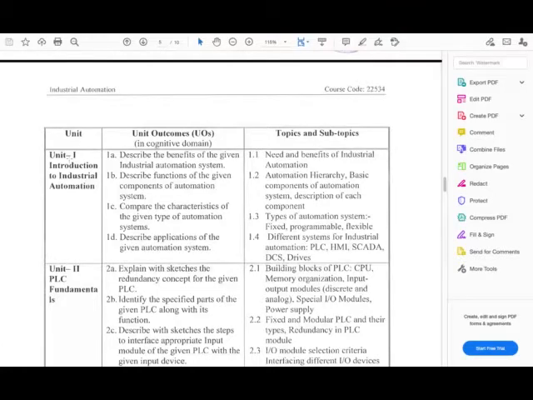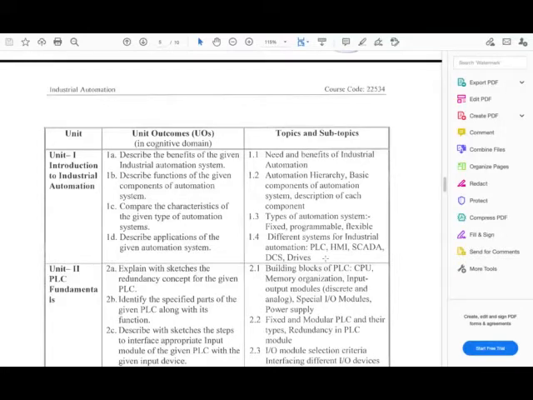We are at unit number 1, that is introduction to industrial automation, and we have already covered 1.1, 1.2 and 1.3. Now we are going to study the last part, unit 1.4, that is different systems for industrial automation.